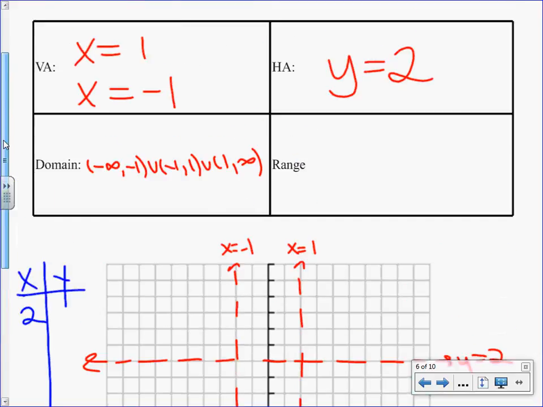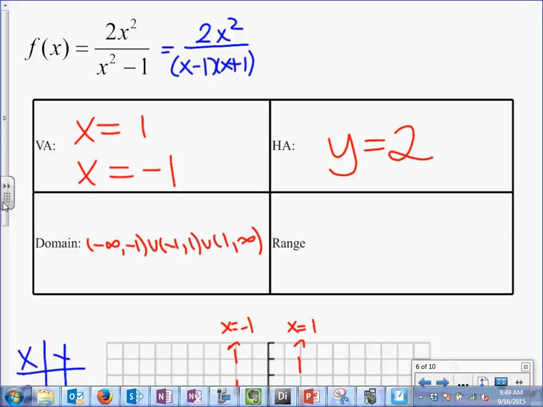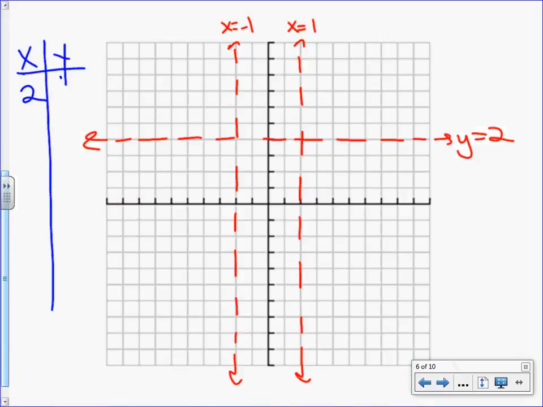What do we get when we plug in 2 for x? I would go back to the original one right here. 8/3. And we'll plug in another one. 3 would be nice to plug in. What do we get when we plug in 3?